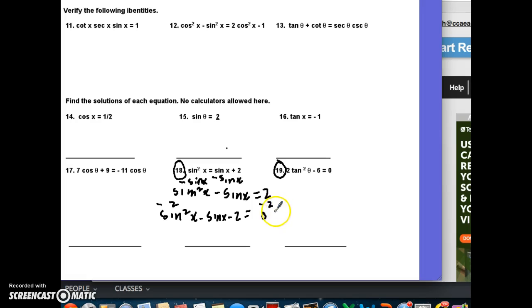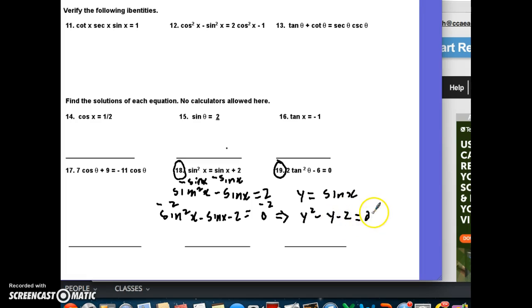Okay, let's take it over here. To make it simpler to deal with, we say let y be equal to sine x. That means sine squared x becomes y squared, sine x becomes y, minus 2 equals 0.